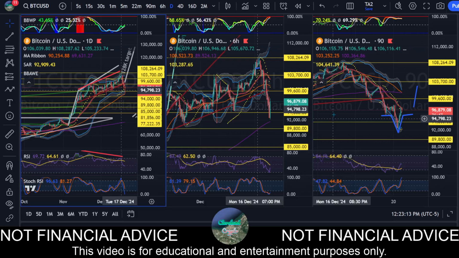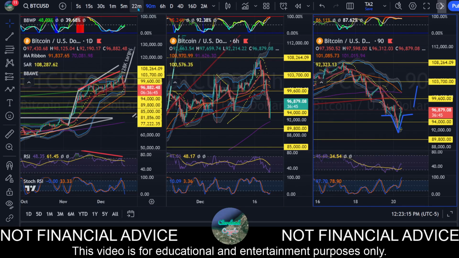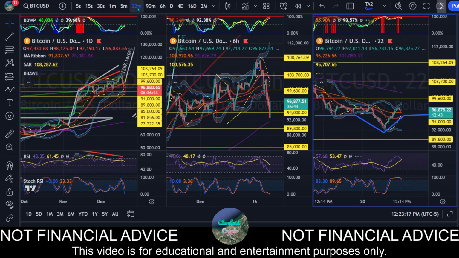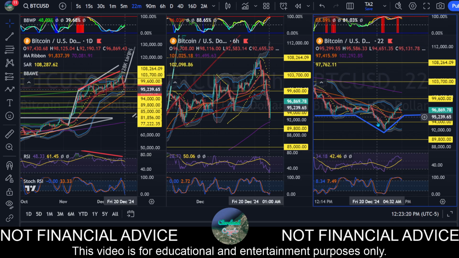Let's take a quick peek down at a lower time frame just to see where the 90s are going, so we can look at the indicators here. You'll see that we are seeing RSI on the 22-minute having gone into bullish territory and having come up over its signal line, signaling bullish momentum. The stochastics, however, are in overbought territory, but let's see if they get stuck up here.